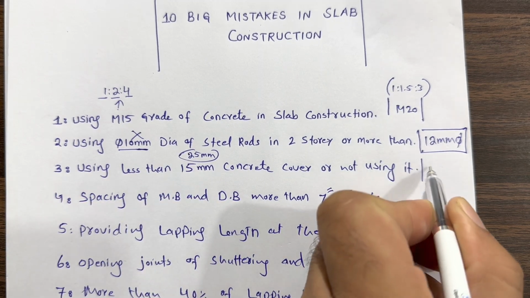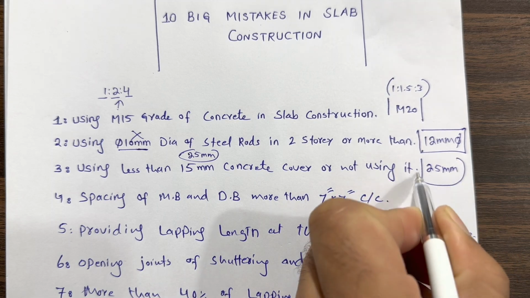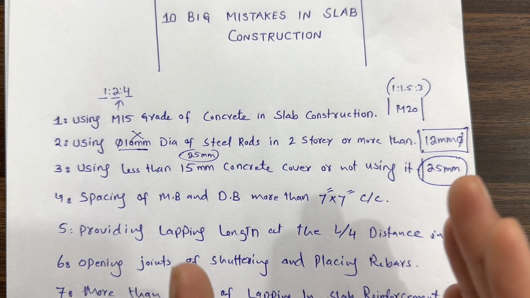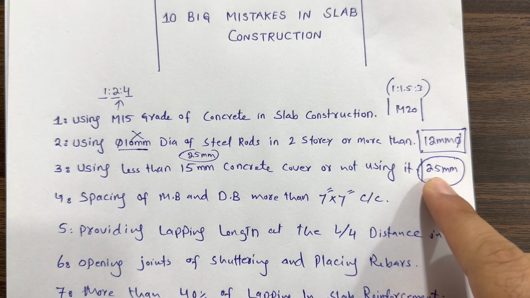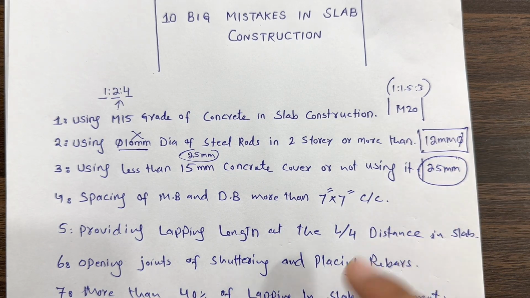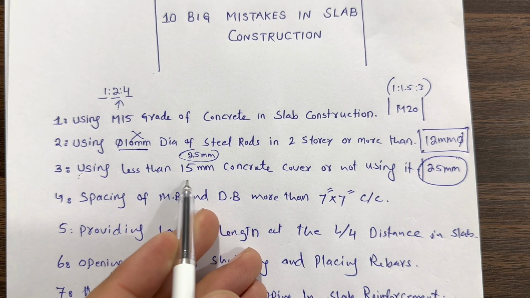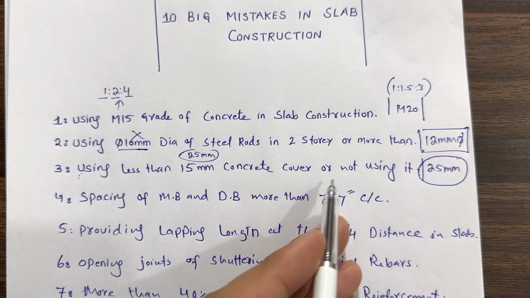So use 25 millimeter concrete cover or concrete blocks in the construction of RCC slab. Also keep concrete cover on the right side, left side, on each of the 4 sides, and also at the bottom. A 1 inch concrete cover is very important. If they are not using it, this is one of the big mistakes. This is the third of the 10 big mistakes, using less than the required concrete cover or not using it. So this is very dangerous.